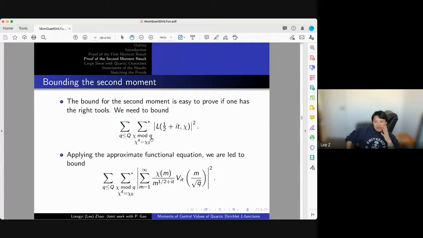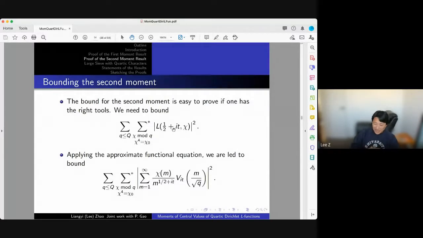Remember, the approximate functional equation approximates the values of L functions in the strip for which the real part of s is between 0 and 1. Over here, I certainly have 1/2 plus it, which is within that strip, since t is a real number.